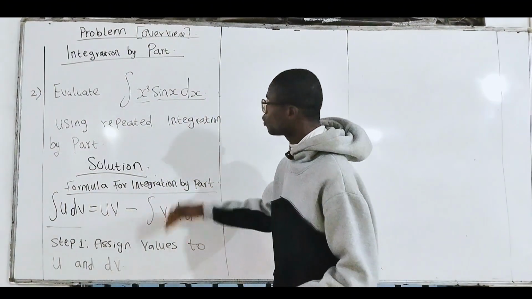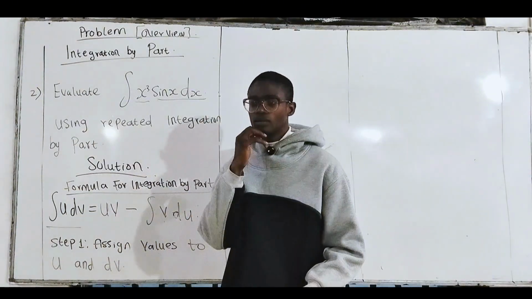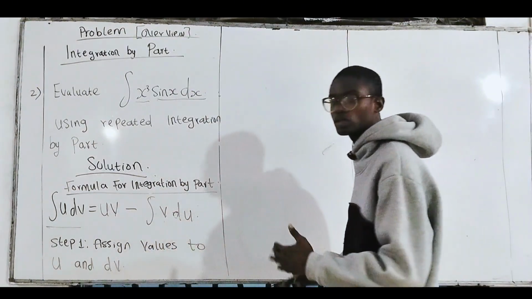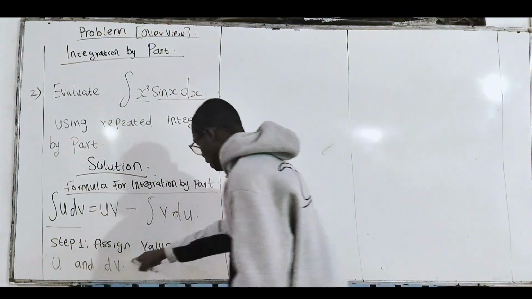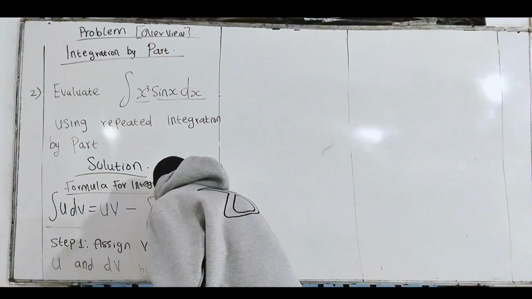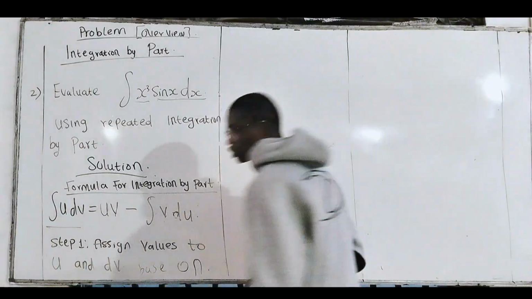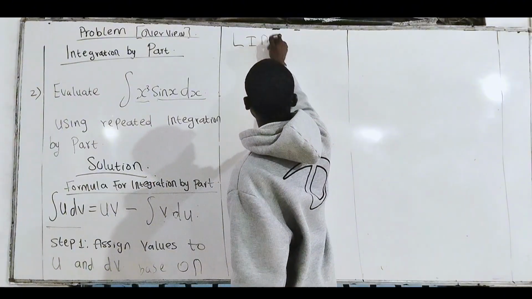Now, I will give you a rule on how to know which one is u and which one is dv, and that rule is based on an acronym. Let me assign this based on what? On LIATE.